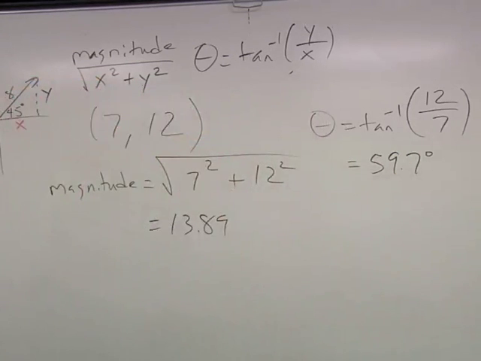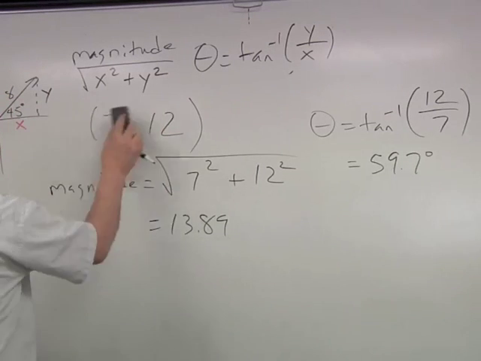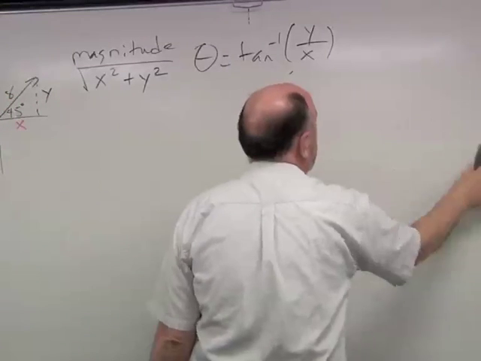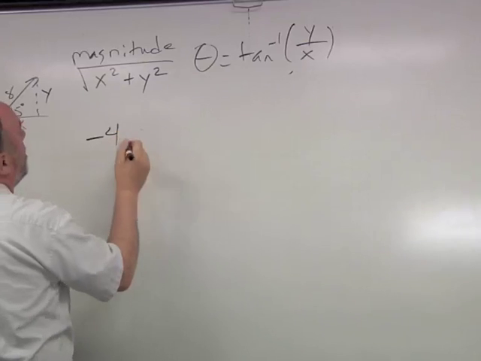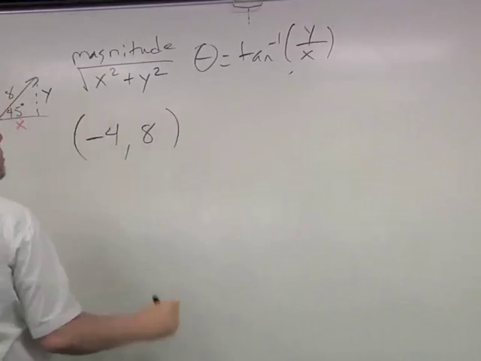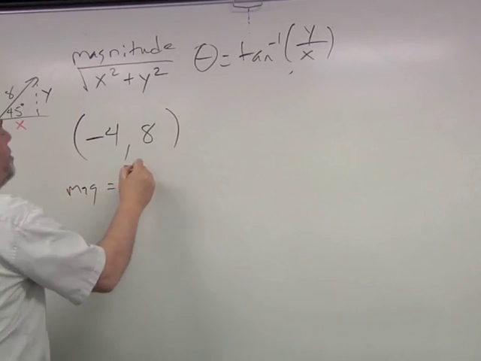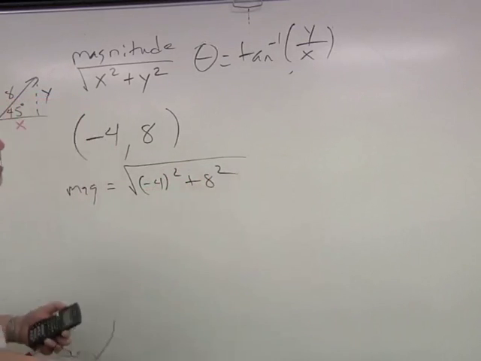So in terms of our angles, we do want our angle to be a number between 0 and 360. So we want it in terms of a positive angle. And so, for example, what would happen if I now have this one and I want to get the magnitude and the direction. Okay? So let's say it's now going to be -4, 8. Right? So my magnitude, again, is going to equal the square root of -4 squared plus 8 squared.